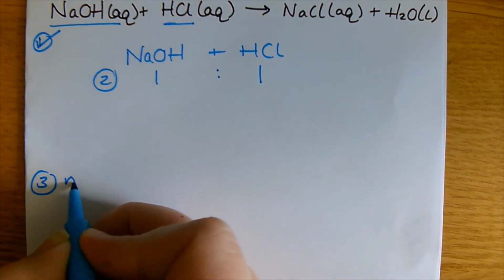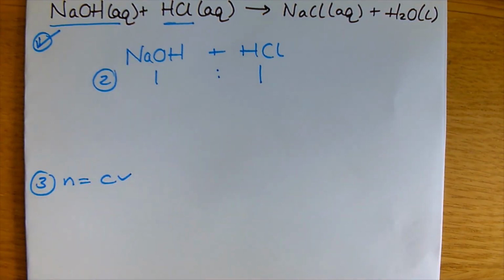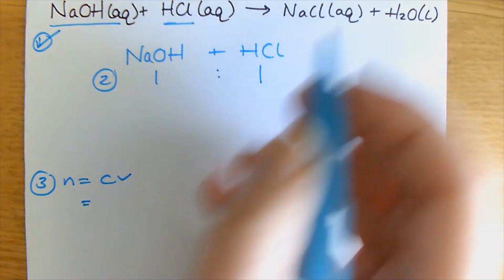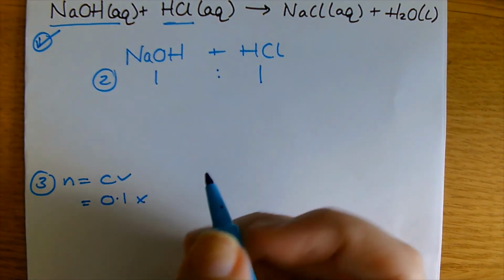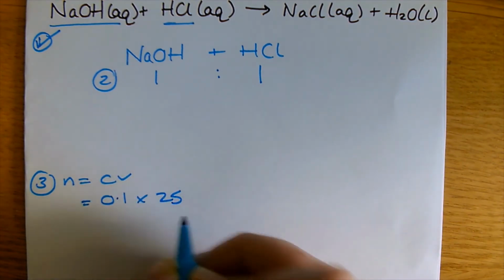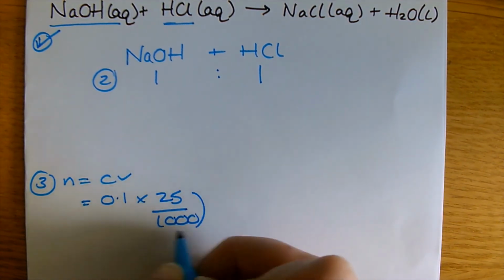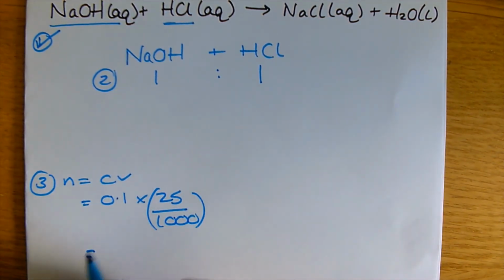Step 3, we have to work out the number of moles that we actually have of sodium hydroxide. Our concentration is 0.1 moles per litre, that's taken straight from the information at the top, and our volume is 25 centimetres cubed. We must divide this by 1000 to get it into litres.